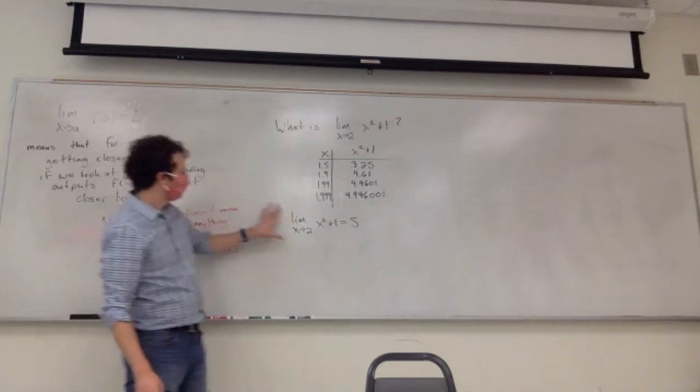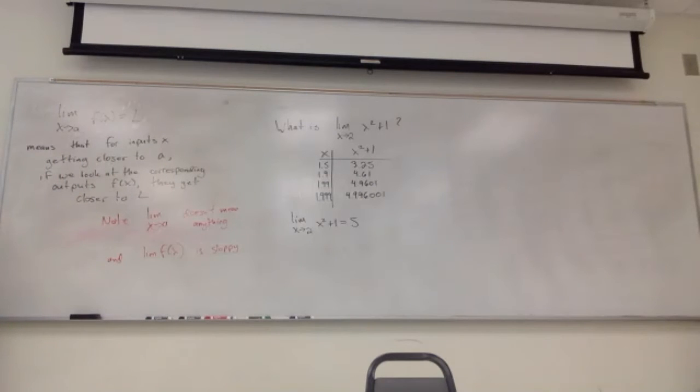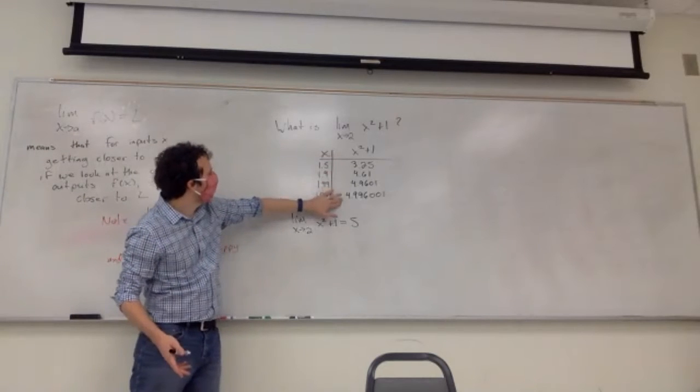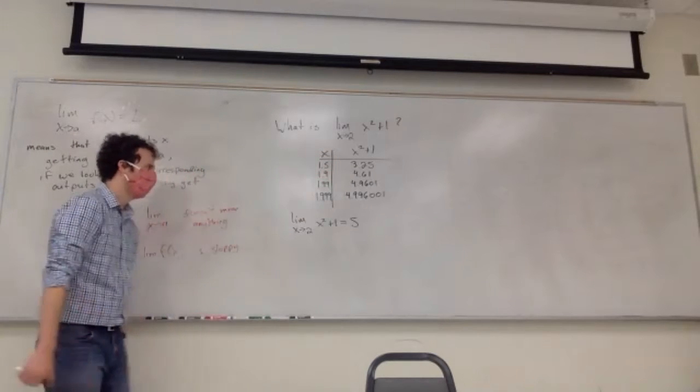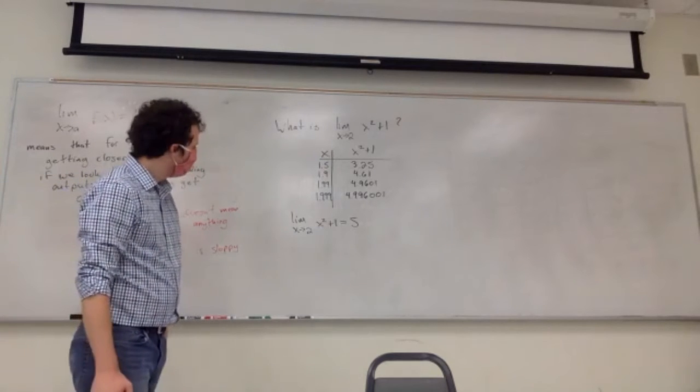And so this is that limit we were looking for. The number 5 is the number these outputs get close to as the inputs get close to 2.